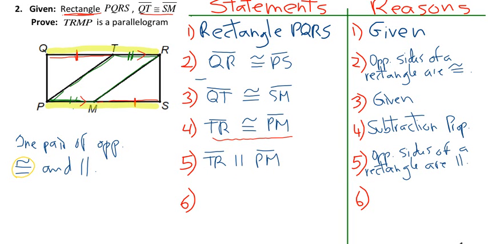And so now I have the same pair of opposite sides being both congruent and parallel at the same time. And so I can now conclude that TRMP is a parallelogram.